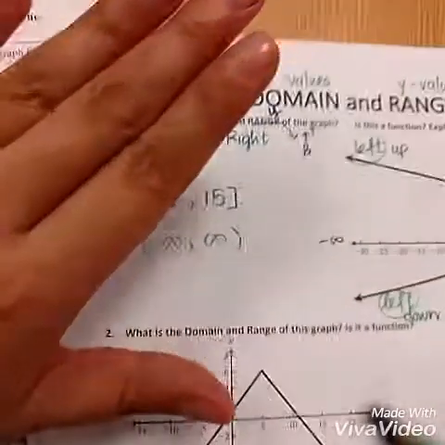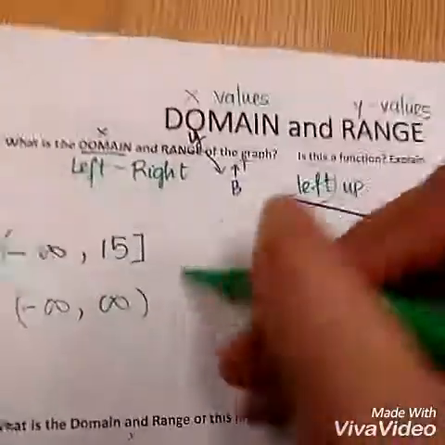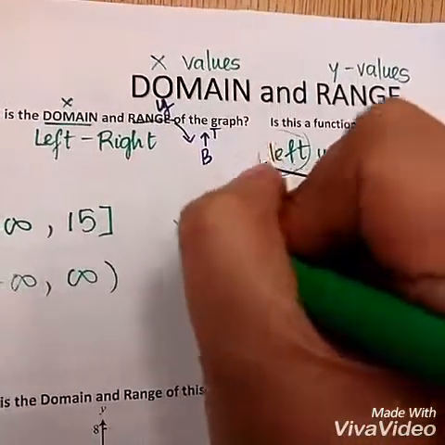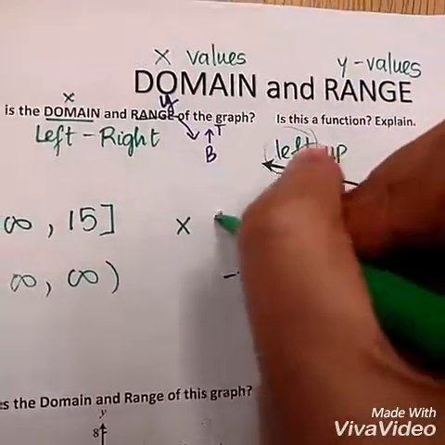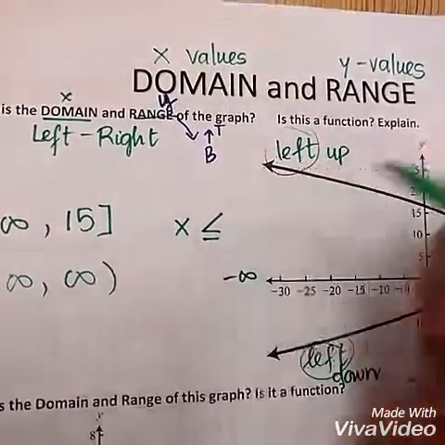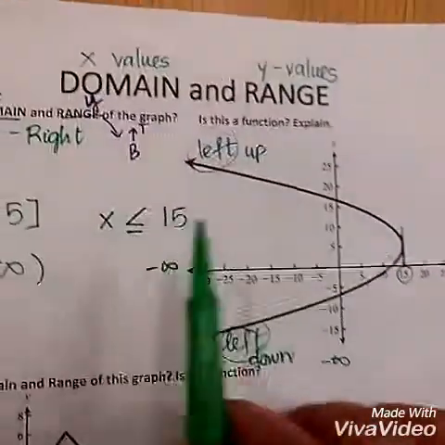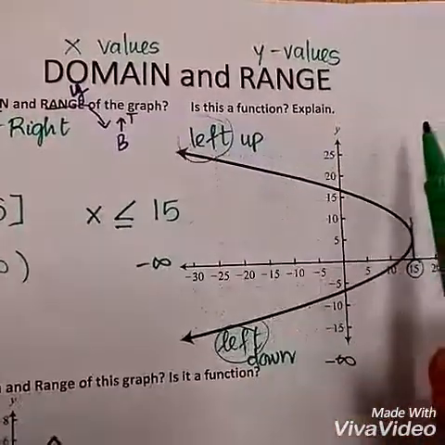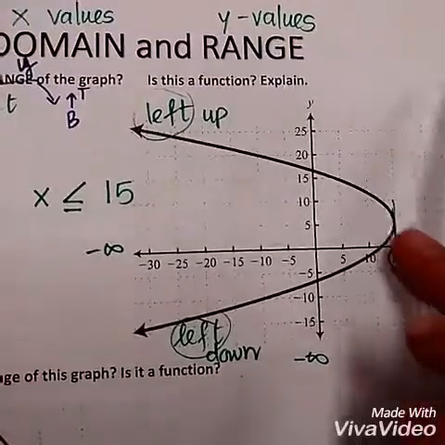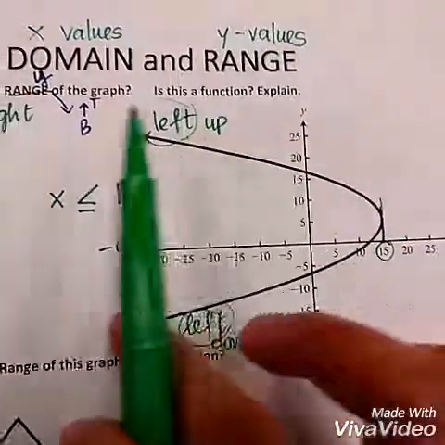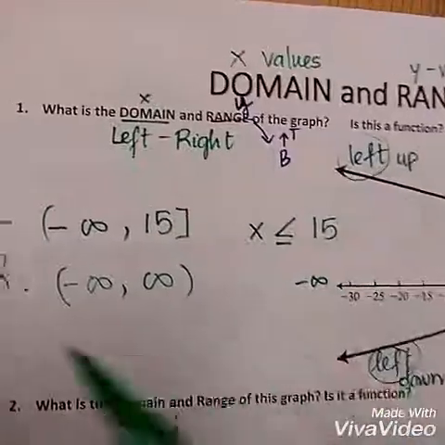So my x value is going to be less than or equal to 15 right here. If you go from left to right, that's the biggest x it can go, and then it's getting smaller again. Same thing with y.